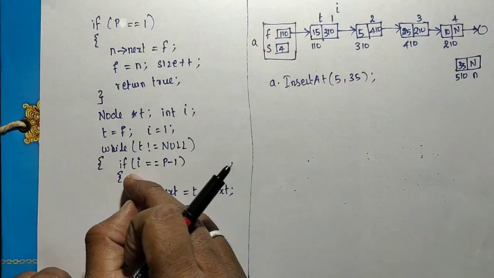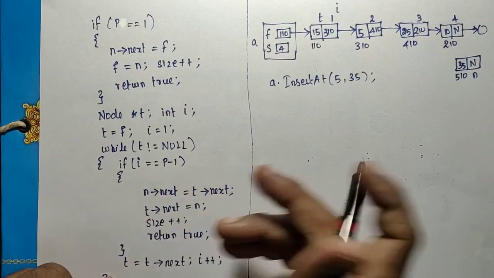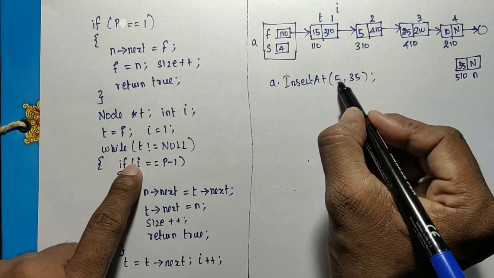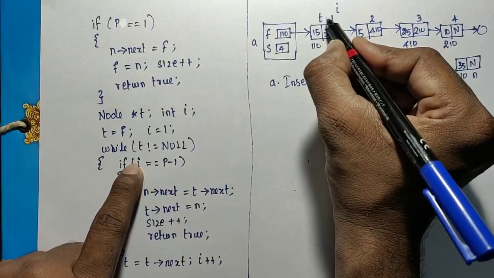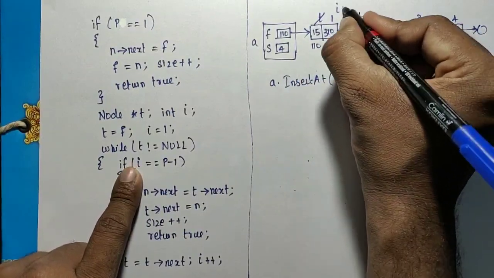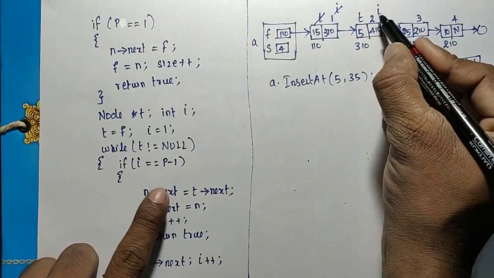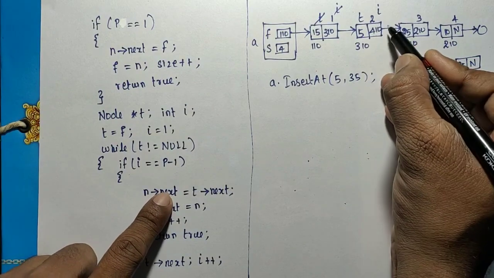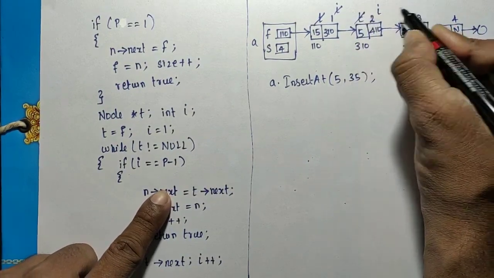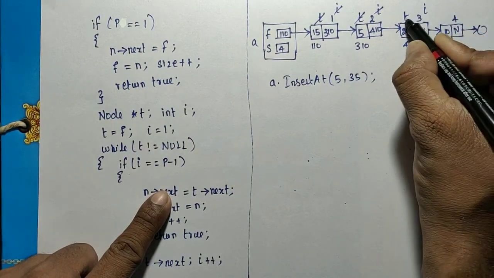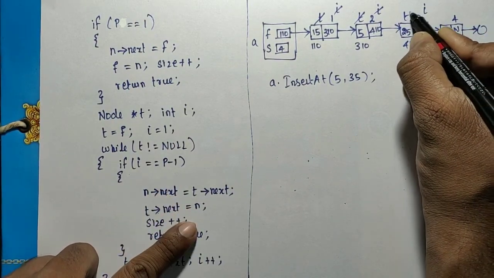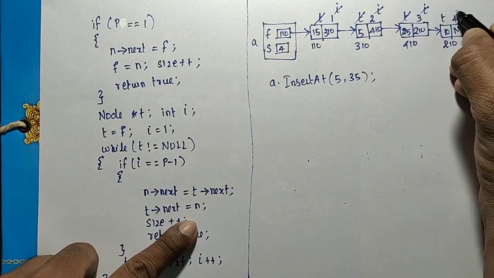In between we are checking I equal to P minus 1, that is, we are checking I equal to 4 or not. Here I is not equal to 4, move the T, move the I. Still I is not equal to 4, so move the T and move the I. Still not equal to 4, move the T and then move the I.